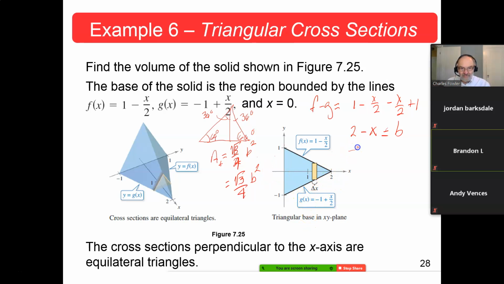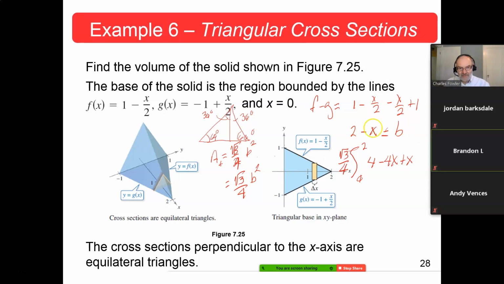So what we would have would be the integral. You're doing your dx, so that's going to go from 0 to 2 of, and you're going to have the square root of 3 over 4 out front from here. And then you're going to have this thing squared, which is 4 minus 4x plus x squared.